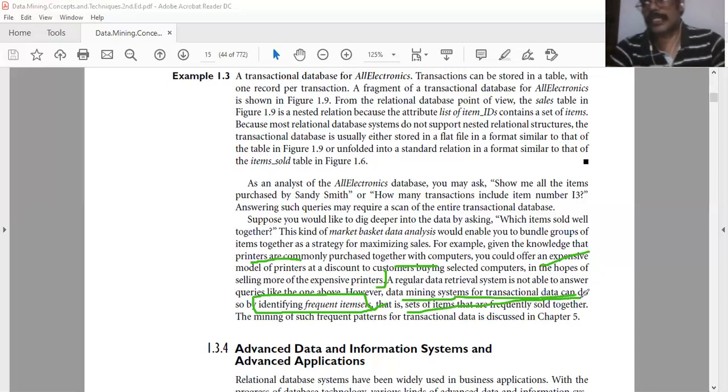This is achieved by finding the frequent item sets from the transactional data.